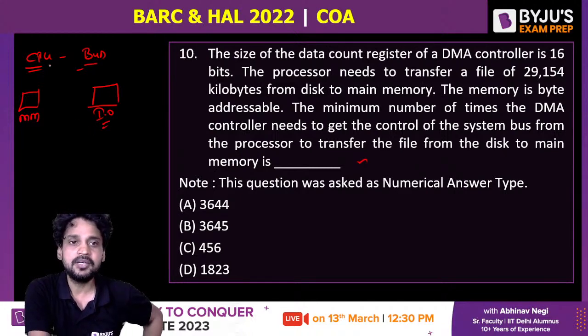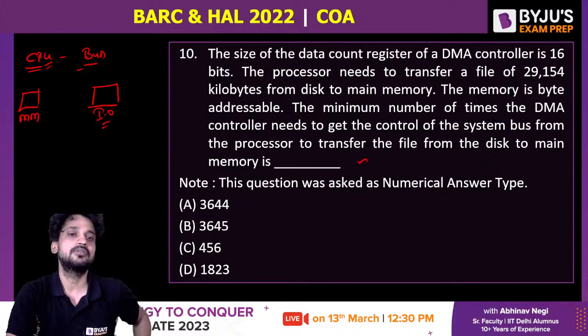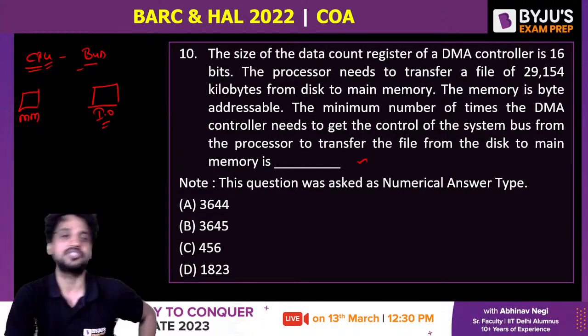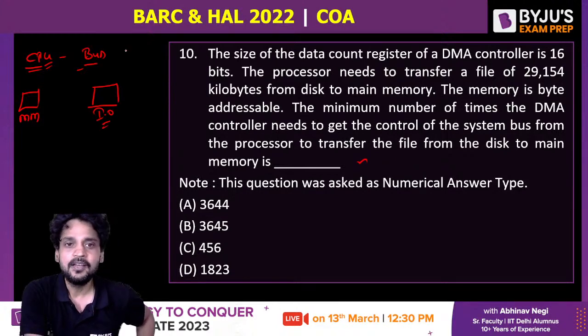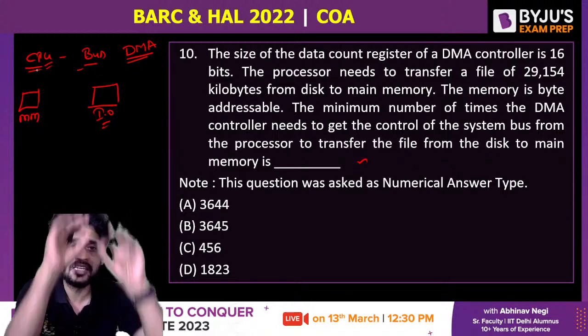But the bus system is controlled by the CPU. So every time the CPU has to be involved in this transfer, it will take a lot of time. CPU's clock cycles will get wasted. So in order to save the CPU time, we will take an approach of DMA. In DMA, the DMA controller will request the CPU, Mr. CPU, please release the bus system.